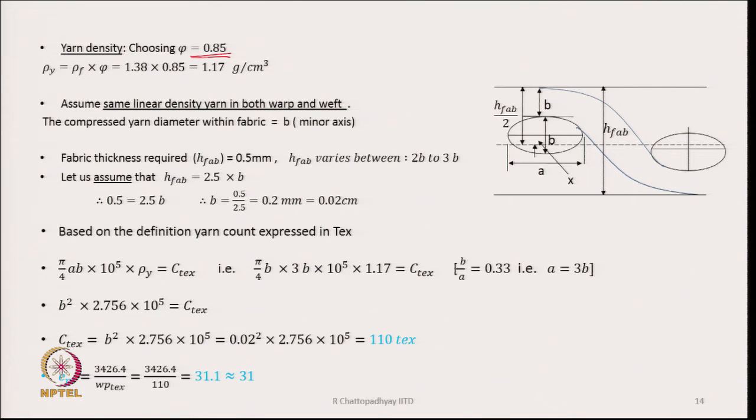The packing phi values vary between 0.8 to 0.9. 0.9 is the maximum, a closed pack geometry of circular fibers. We can get a value of 0.9, otherwise it will be 0.8. It is all within the fabric.